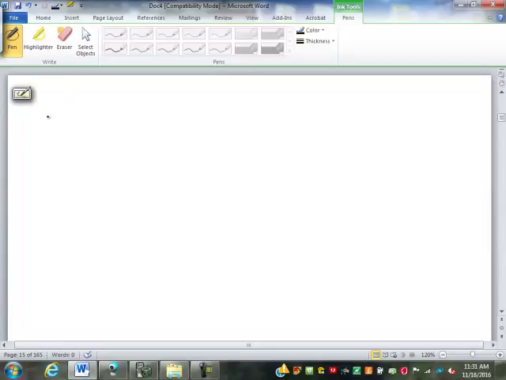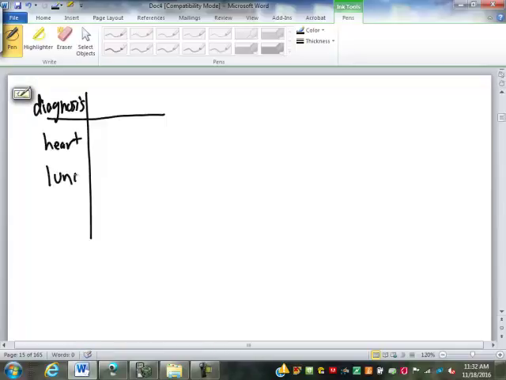So if we are told, well, let's say we are told that out of a group of patients, say their diagnosis, their issue is heart, lung, liver, or stomach.